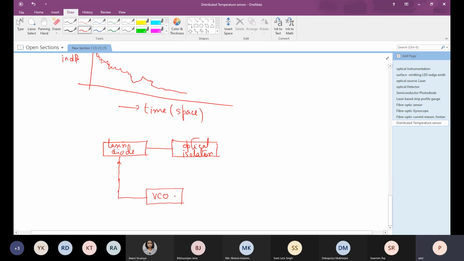So instead of that, it is operated with some DC power, and then on top of that, the AC part is there. So we have a voltage controlled oscillator here, which is driving this one, and a driver, of course, would be there.